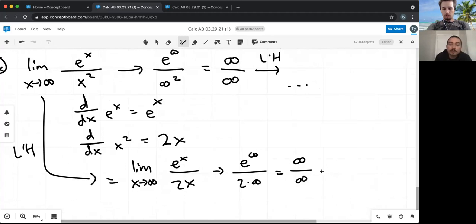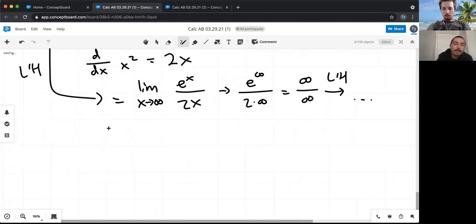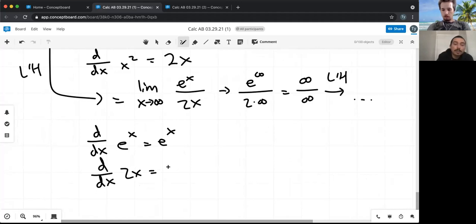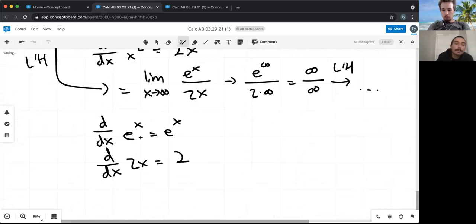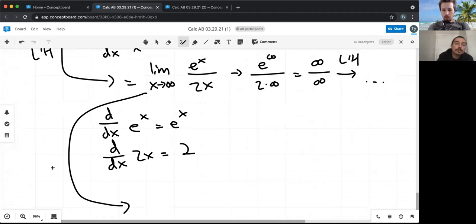What do we do? L'Hopital's rule, yet again. Derivative of the numerator is still e to the x. It's just going to keep being e to the x. Derivative of the denominator is 2. And by L'Hopital's rule, we know that this limit is equal to a new limit.